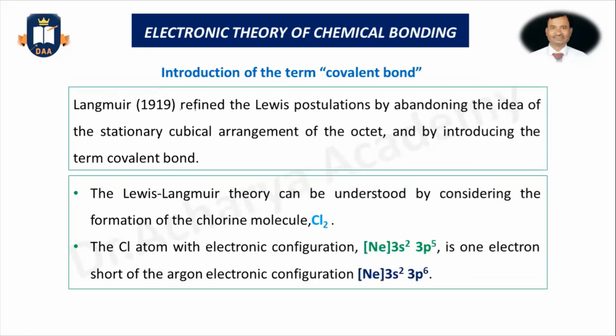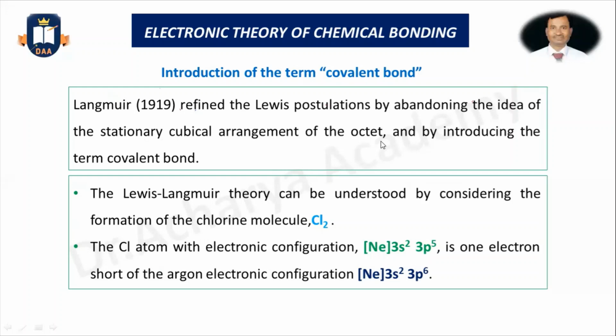Now we'll discuss how the term covalent bond was introduced. Langmuir refined these Lewis postulations by abandoning the idea of the stationary cubical arrangement of the octet.